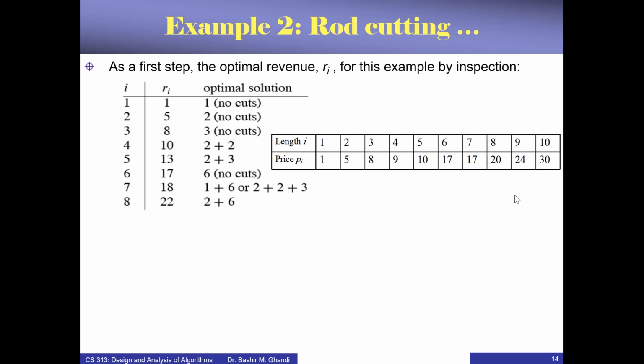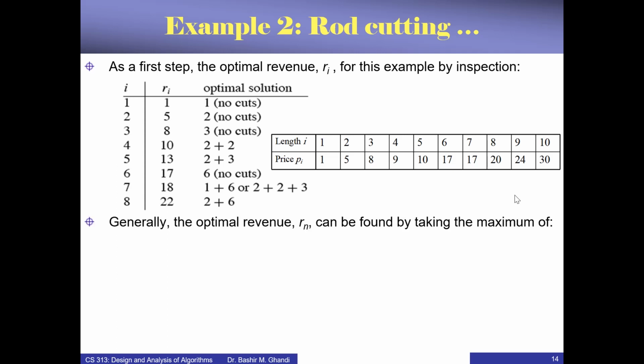Comparing each of them, we will see which one will give us the optimal value. So for a rod of length n, we can define the revenue Rn, the optimal value for n, by taking the maximum of all the possible options.